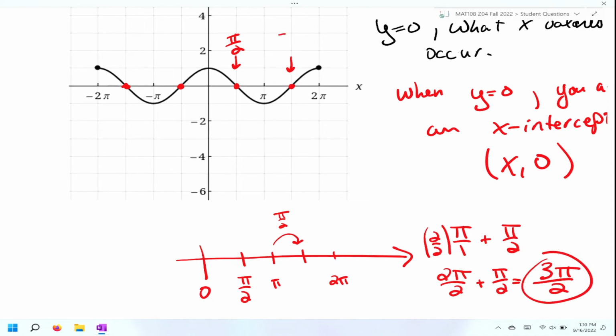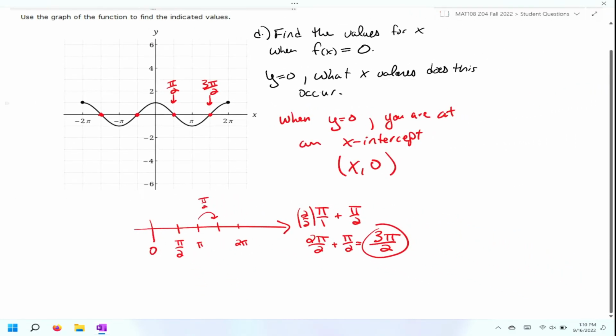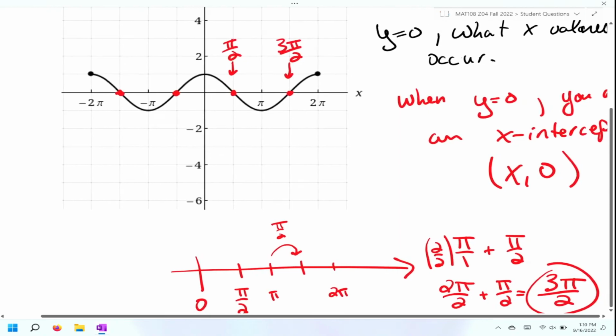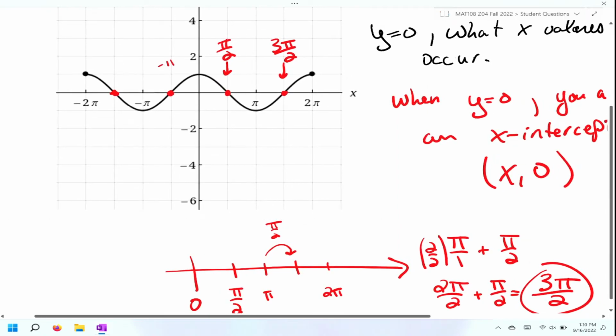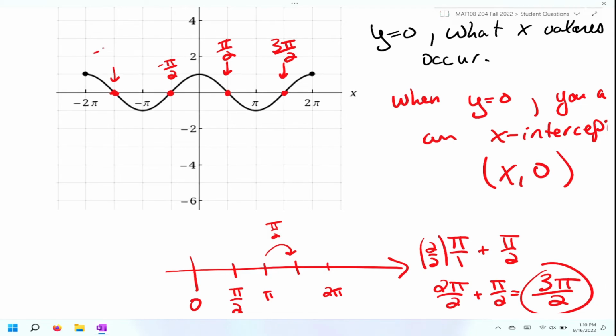So this is going to be 3 pi over 2, and that's how I got that. All right. Same thing occurs on the left-hand side. On the left-hand side, this is going to be negative pi over 2, and then this value right here is going to be negative 3 pi over 2.